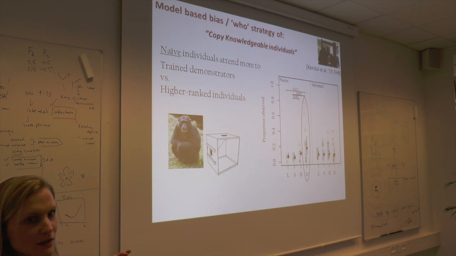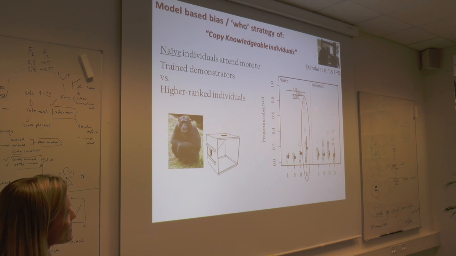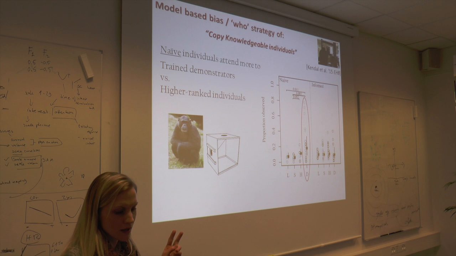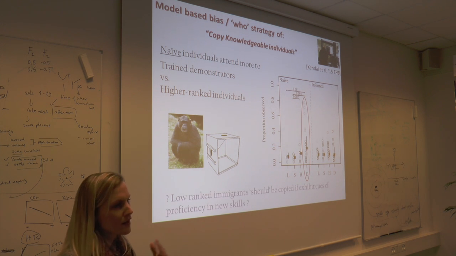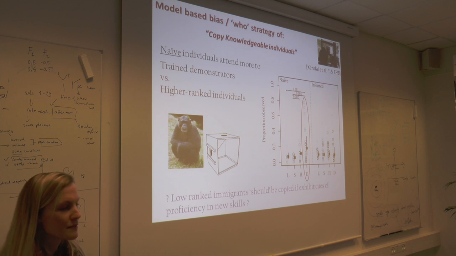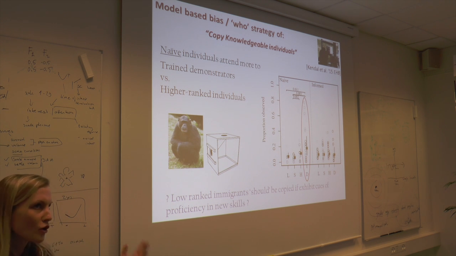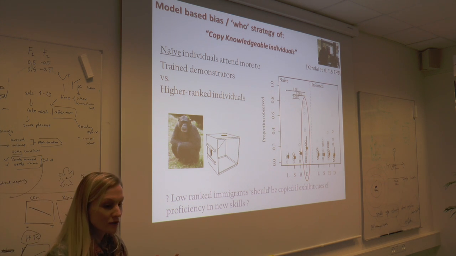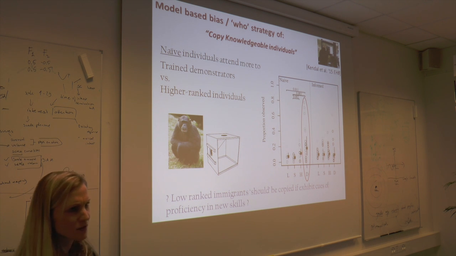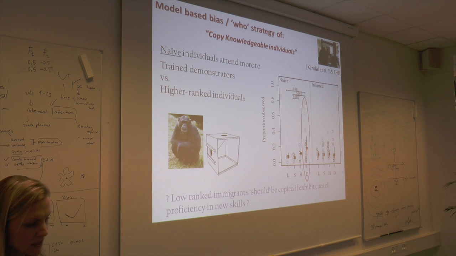Although there are only 2 individuals, there seems to be an even stronger effect for copying demonstrators than there was for copying high-ranked individuals. But it's a fairly tentative result because we only had 2 individuals. And this kind of screws up my theory that low-ranked immigrants are not copied, because if they're displaying something useful here, then perhaps they would be copied, but maybe we can talk about that later.